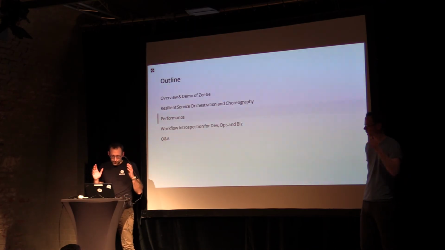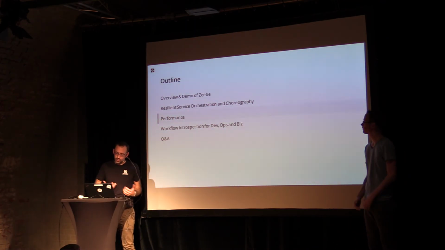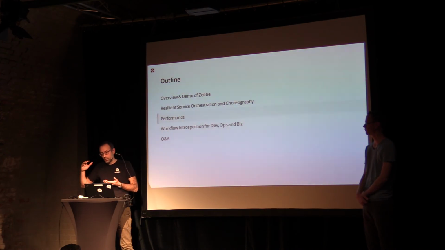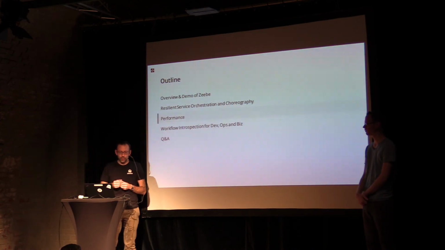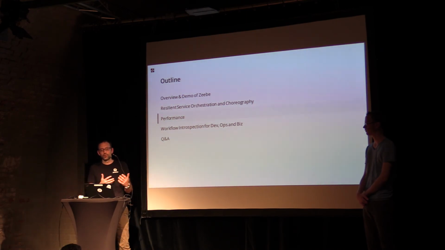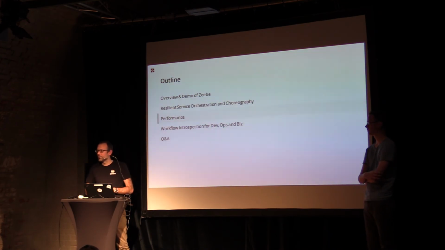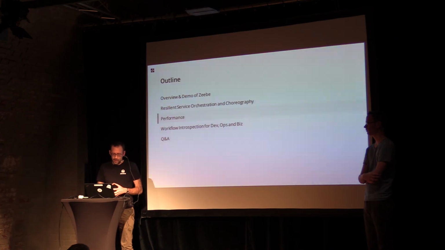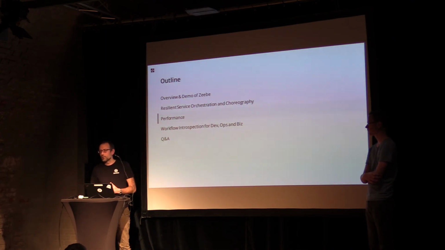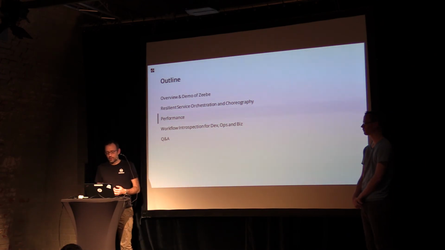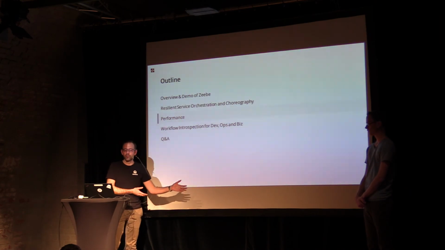So, what I said in the beginning is what we wanted to achieve with the ZB system is to go into a new class of performance for this kind of system. We've had workflow engines in the past for, I guess, 20, 30 years. And as we said before, most of them worked on top of databases. And we actually ended up with this stream processing model and this event-driven model because we wanted to achieve this kind of performance.